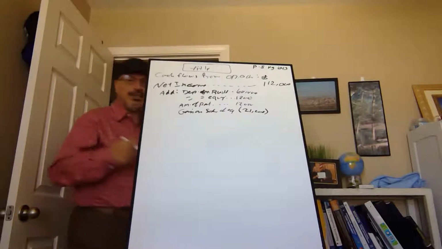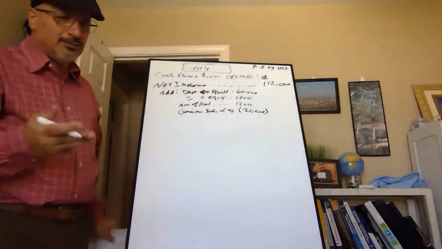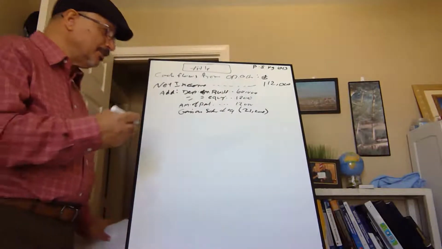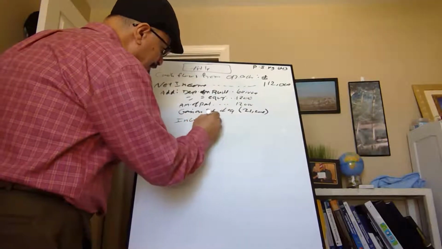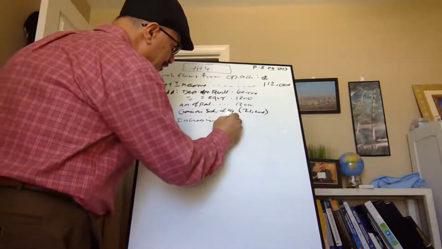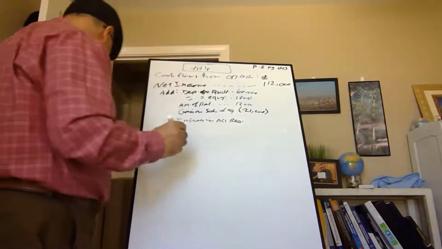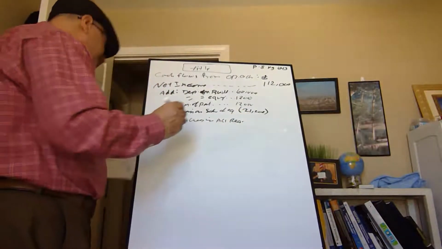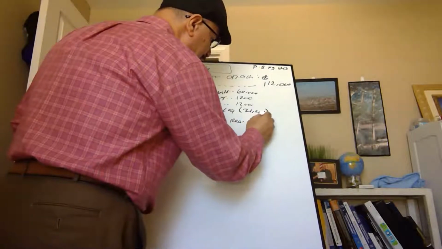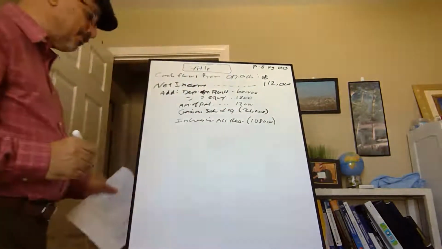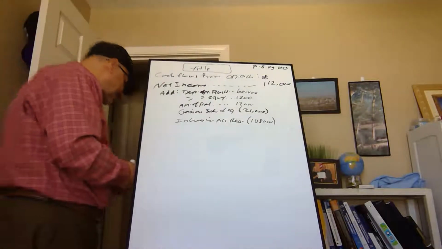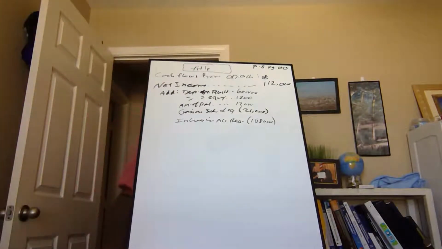Okay, so we subtract, remember, based on the rule, we subtract the increases. So we have an increase in accounts receivable for 108,000. I put it between two brackets, and then next we have inventory.